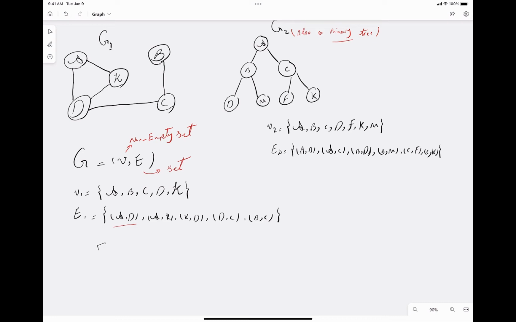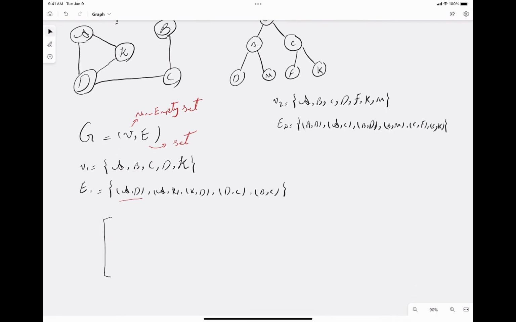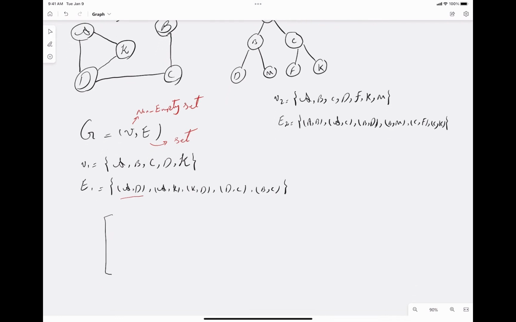So here for the graph G1, I'm going to write down the names of the vertices, both in this row and in this column.